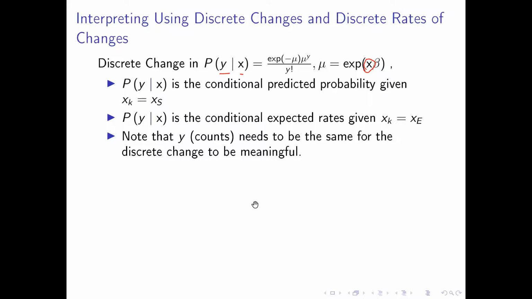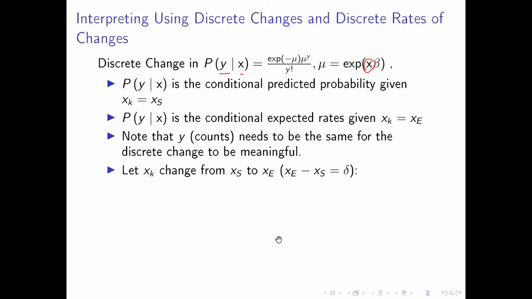Note that here, y, or counts for these two predicted probabilities, need to be the same. Otherwise, this discrete change is not meaningful. We're not supposed to take a difference between two predicted probabilities of different counts. Let's say the predicted probability for y equal to 6 minus the predicted probability for y equal to 4. That's not substantively meaningful, and we don't do that, frequently, for good reasons.